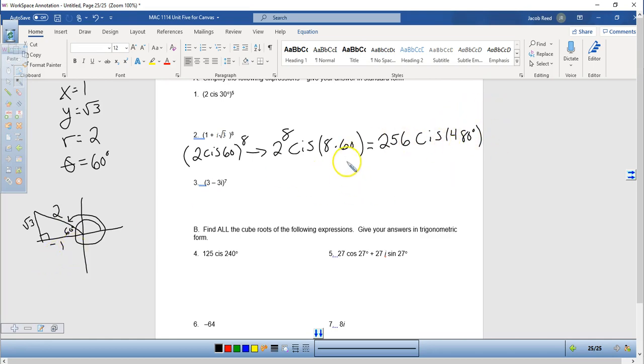Now we do what we normally do. 256 cosine of the 480 degrees plus i sine of the 480 degrees. Well, cosine of this 480 is negative 1/2.